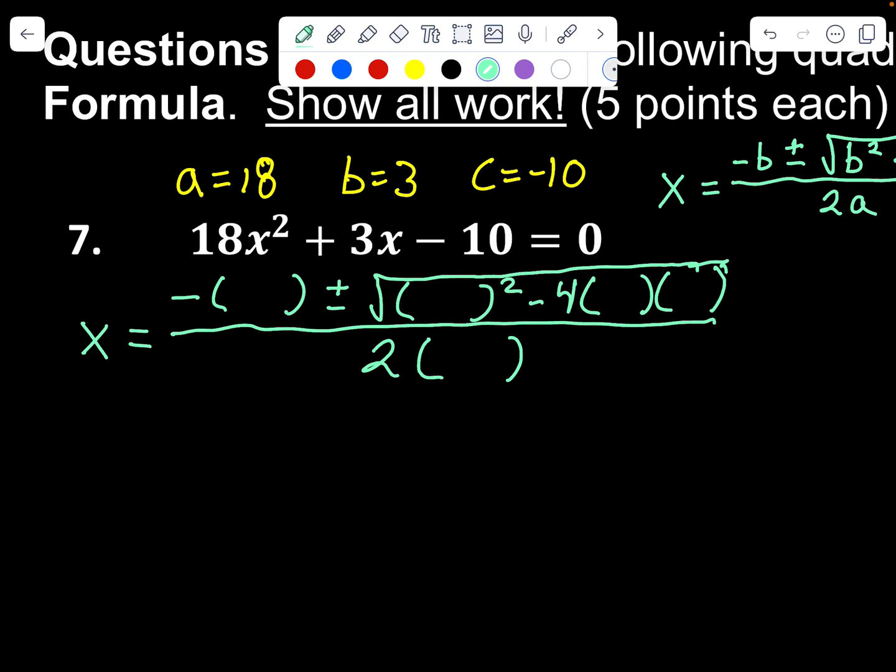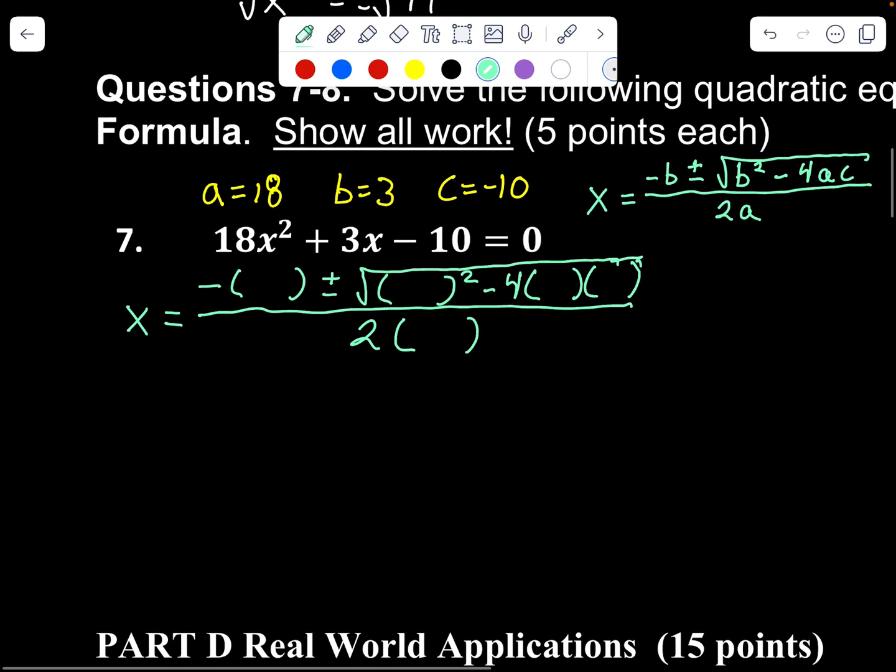All right, now go back and fill in those parentheses with your A, B, and C values. Those first two letters of B go in those first two sets of parentheses. So let's get those in. B is equal to 3, so we'll put the 3's in the first two sets of parentheses.